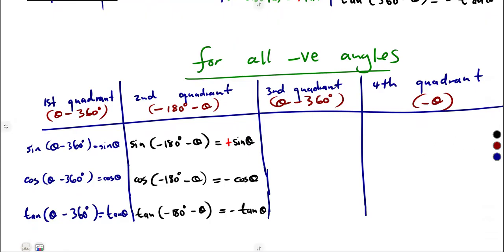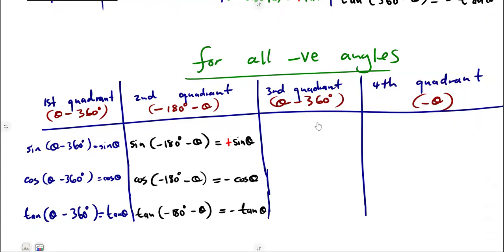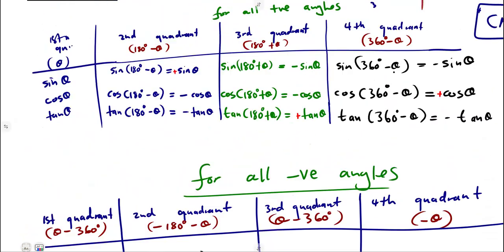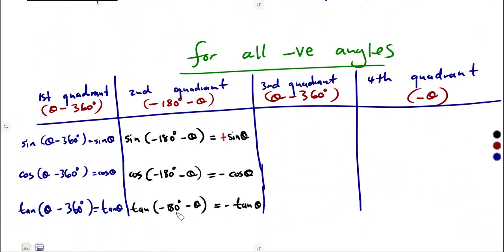The third quadrant, as we had it before, is meant for what? For tan. Only tan is positive in the third quadrant. Just like what we had for positive angles, it is the same for these negative angles. Only tan is positive.